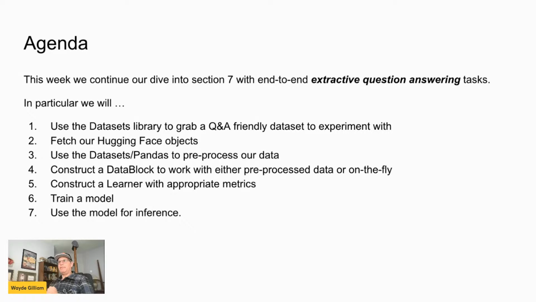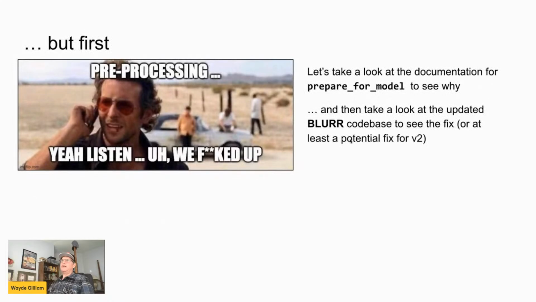If you do that, you get a better taste of how you would actually build your datasets and data loaders and train models with the Hugging Face trainer or Accelerate or just a custom PyTorch loop. But again, we'll be looking at extractive question answering tasks, and in particular how to do this with fastai and Blurr. So let's go ahead and get started.